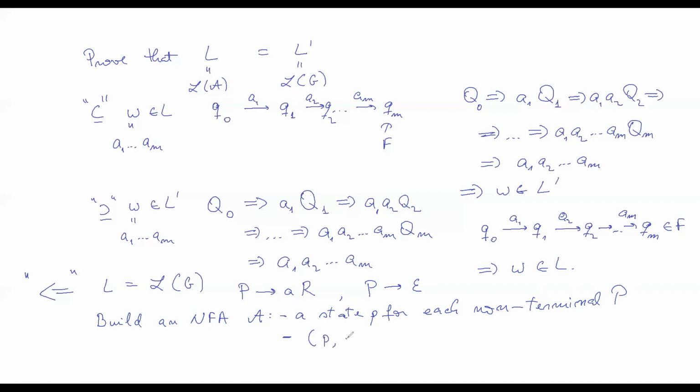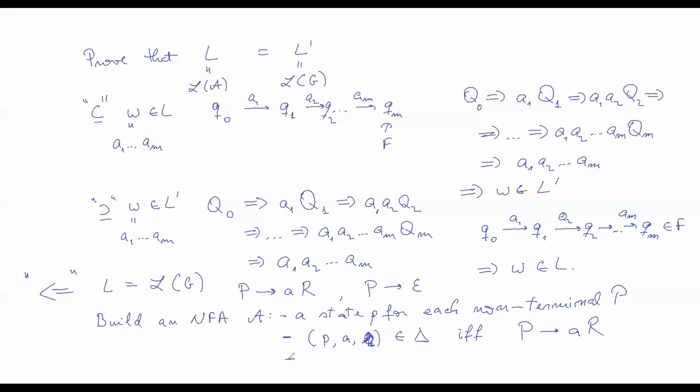I will have this one in my transition relation if and only if I see a production of this type. Let me just write it with R so that I'm not confused. So this is R. If I see P goes into A R, then I will have P, A, R in my transition relation.